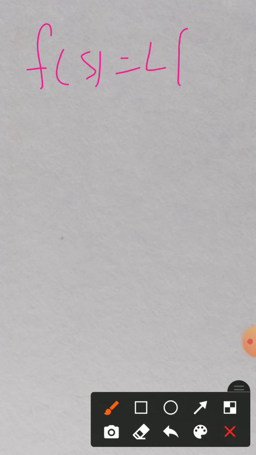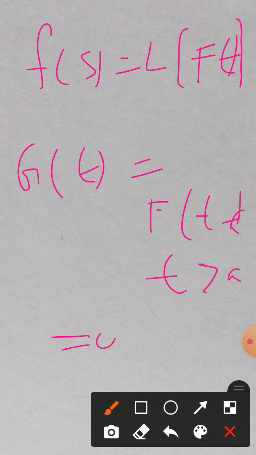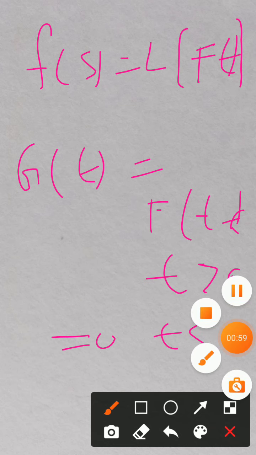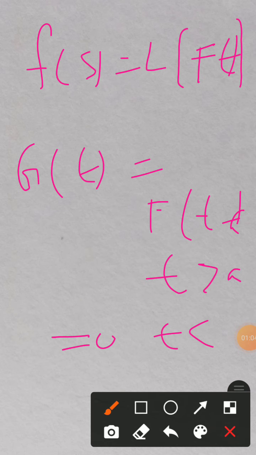According to this property, if F(s) is the Laplace transform of f(t), now introducing a new function g(t), and this g(t) is f(t minus a) when t is greater than a, it is 0 when t is less than a. That is, there are two conditions.